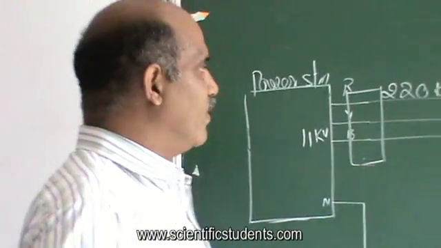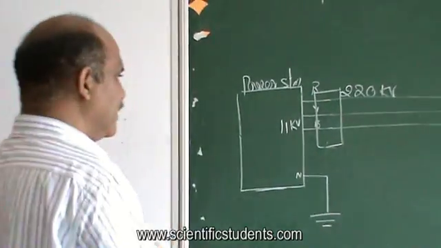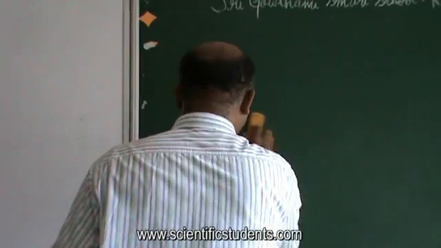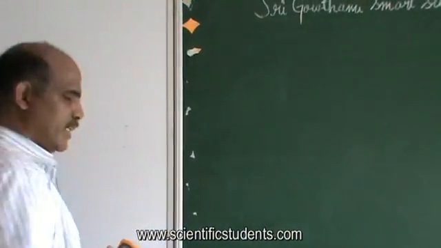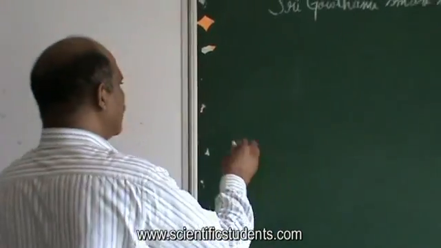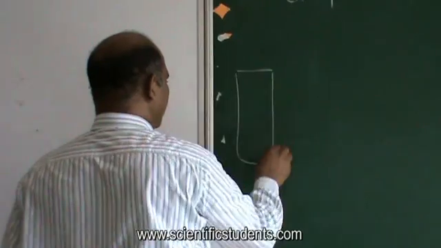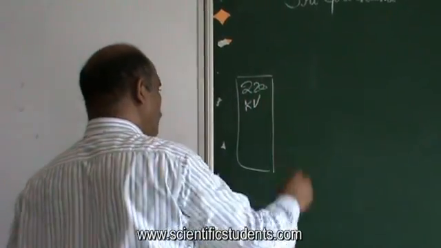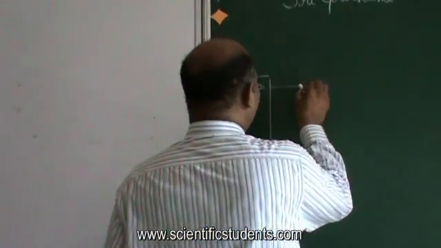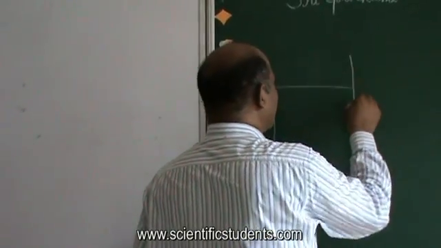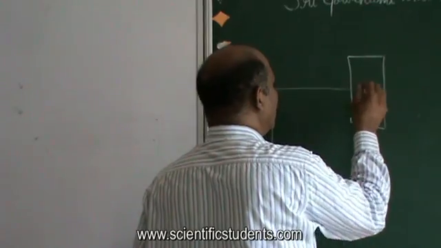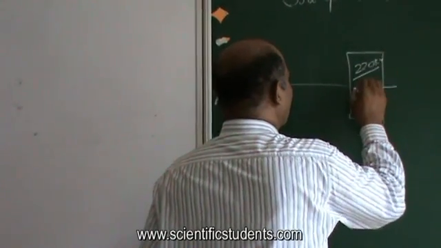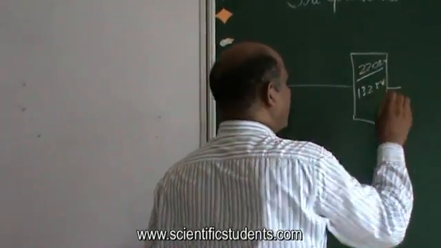What I wanted to tell you, the most interesting thing, is that they raise the voltage level of the power generating station to 220 kV, and then the lines go like this, and somewhere they step down to 132. 220 kilovolt is stepped down to 132 kilovolts.